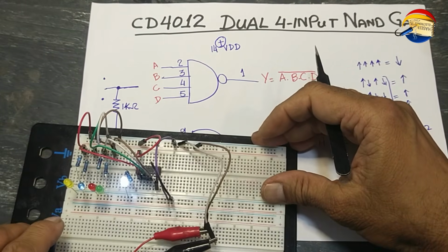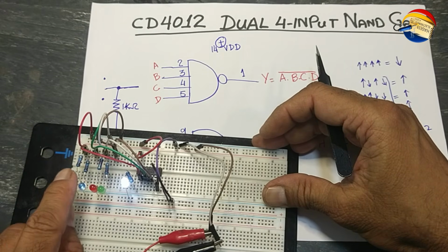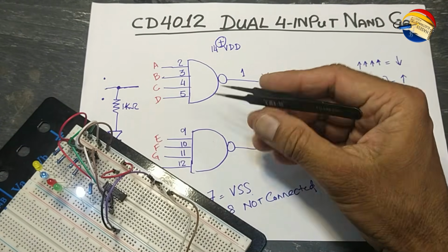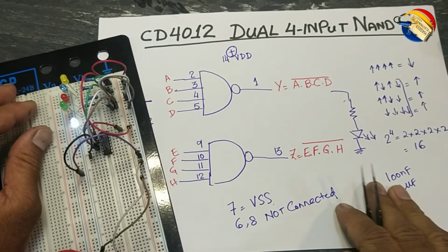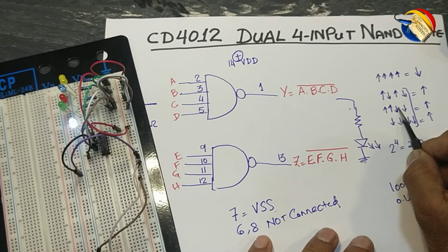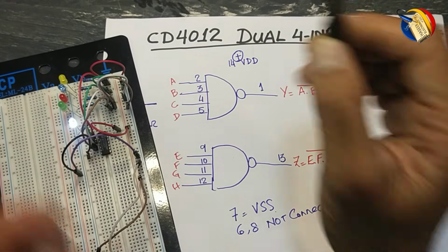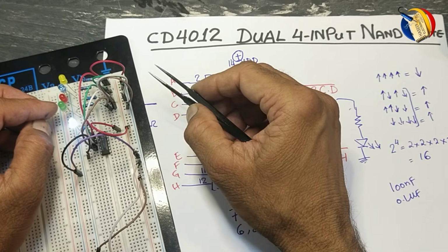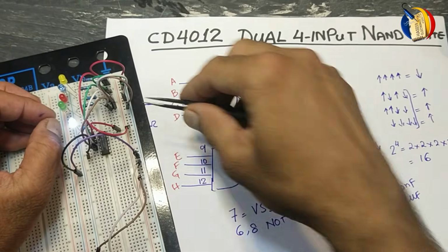This time we have all inputs low. These LEDs are off. These are indicating the input. All inputs are low. As we discussed here, any one input is low or all inputs are low, the output will be high. We have all inputs low. This is first condition. The output is high.